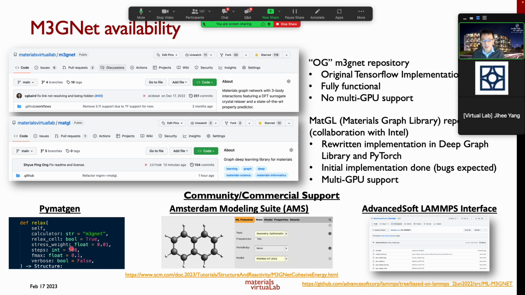Pymatgen, of course, has the ability to relax crystal structures using M3GNet now, because I'm the developer of Pymatgen. The Amsterdam Modeling Suite also integrated M3GNet into their system. They even have a tutorial about how to use their software to run M3GNet relaxations. There is someone who developed a LAMMPS interface to M3GNet as well, Advance Soft from Japan.